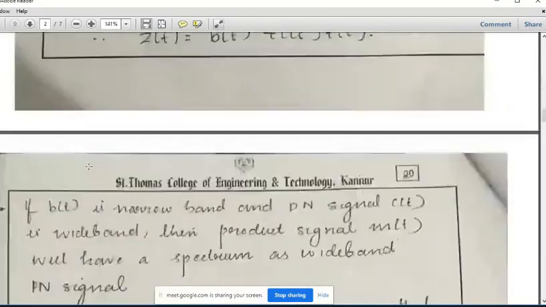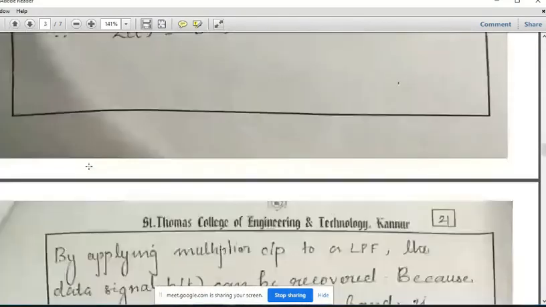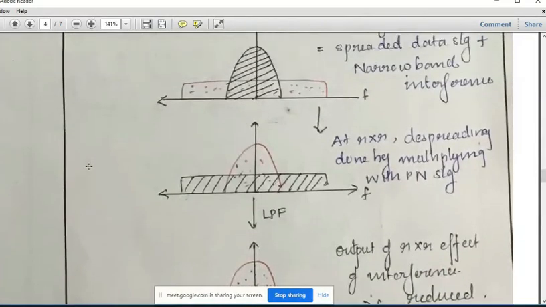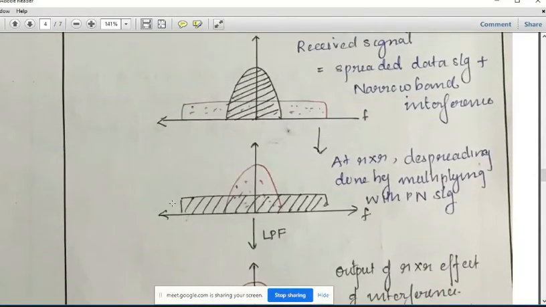On despreading, we can see that now this becomes our interference and this becomes our original data signal. This red color shows our original data signal and this black shows the interference. Now despreading has happened at the receiver.